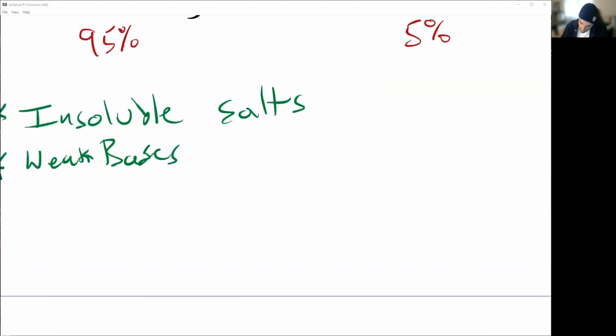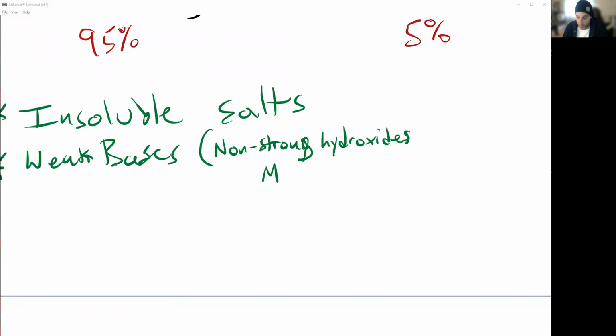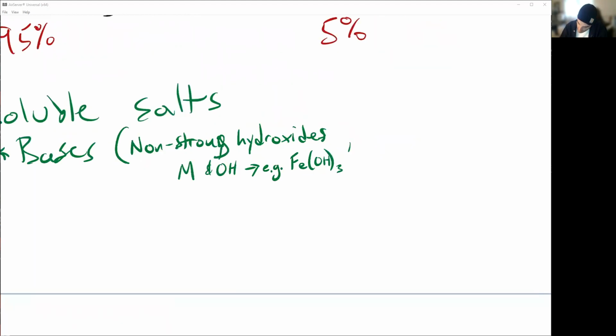First of all, the non-strong hydroxides, and you're going to see a lot of these. The best example I can give you is generally a metal that is not group 1 or heavy group 2 and hydroxide. As an example, something like iron hydroxide is considered a weak base. It only partially dissociates.